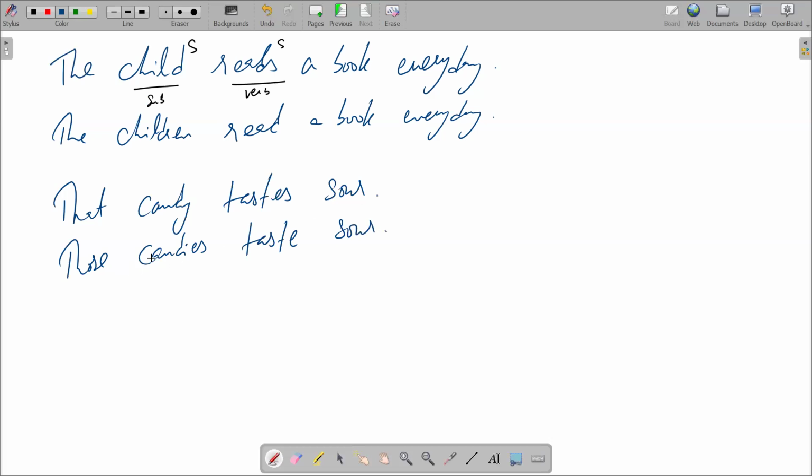This one is singular, and so you've got the es with the taste, or the s, and candies is plural, and so you don't have that s with the verb. And from my experience as a teacher, the students would write the candy's tastes or the candy taste, and so they mess it up, and that's a problem.